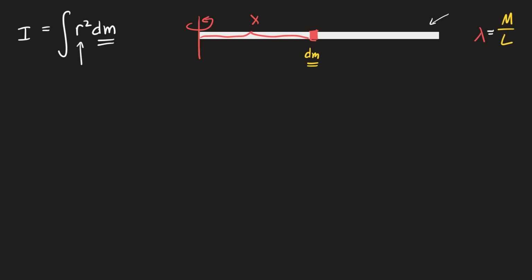Now, before you go any further, figure out where the first piece would be and where the last piece would be, and whether x can be used to point to every individual piece. So I'm going to say the first piece is located at 0, right next to the axis of rotation. And the last piece is located at L, the piece that's furthest away.